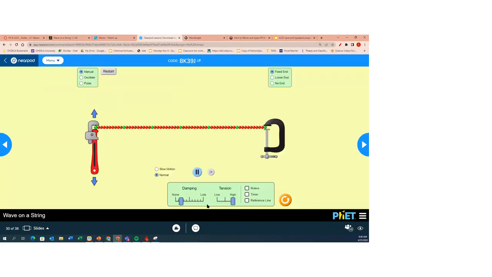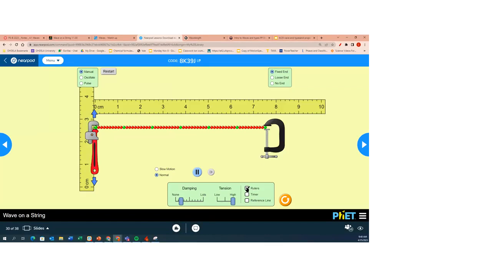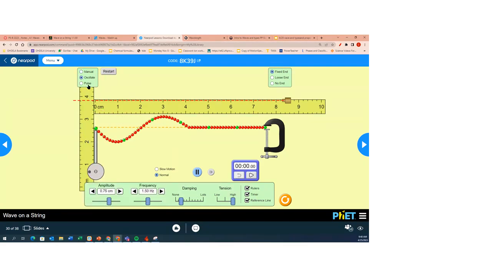So if we take a look at this website here, let's add the rulers and the reference line, the timer. Okay, so, oh, here we go, oscillate. All right, so this is an oscillation.